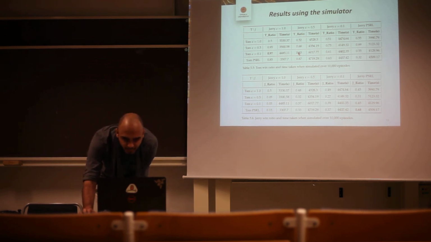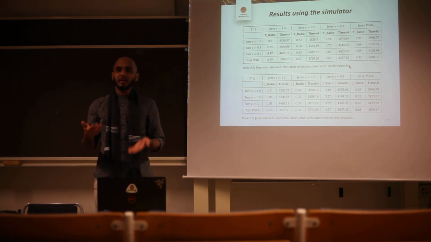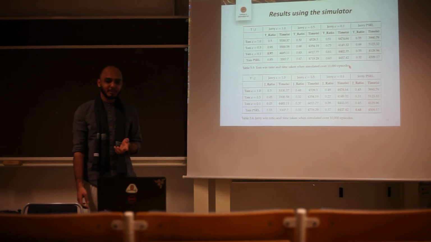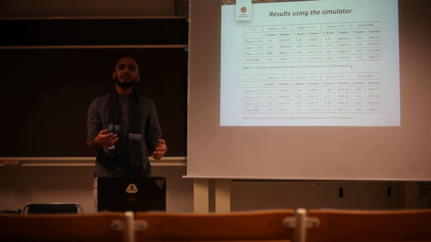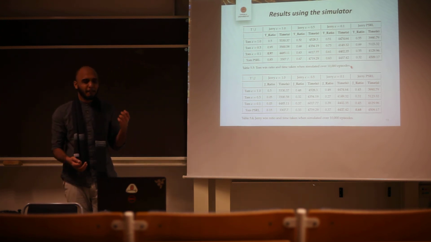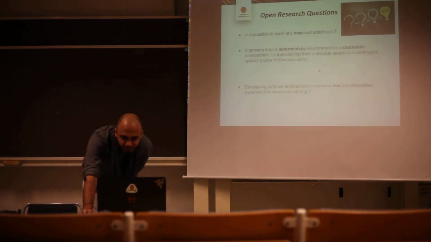This is running these agents against each other for 10,000 episodes and keeping track of how many episodes Tom won, how many episodes Jerry won. And yeah, I think you get the idea. The main thing is to understand the value plot and the policy plot.